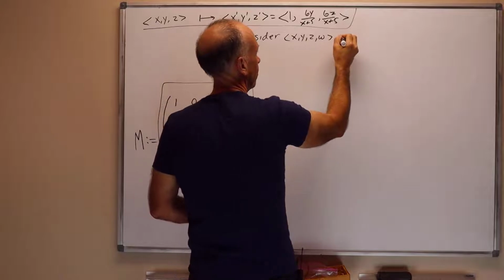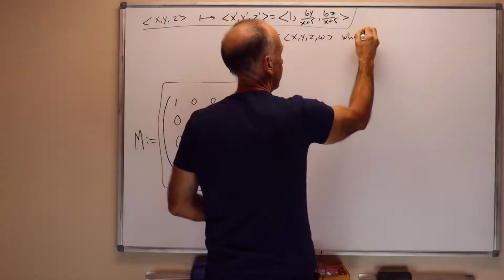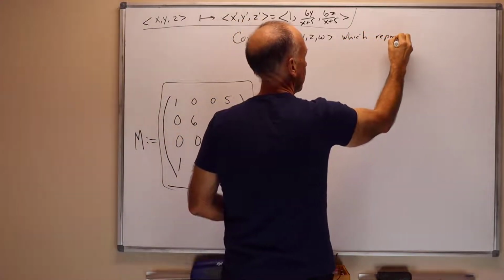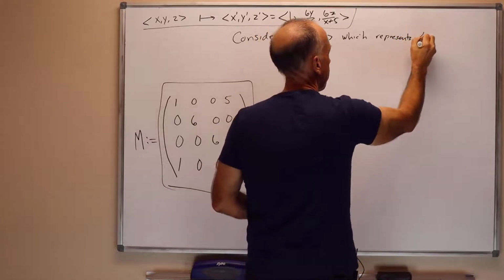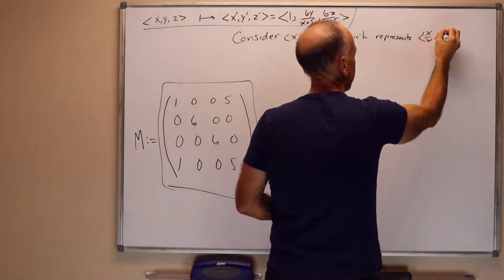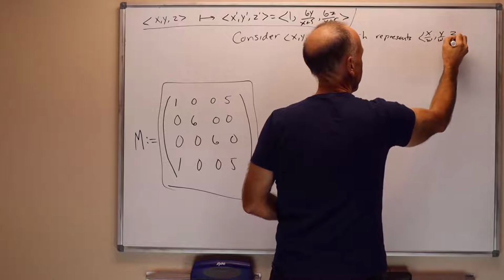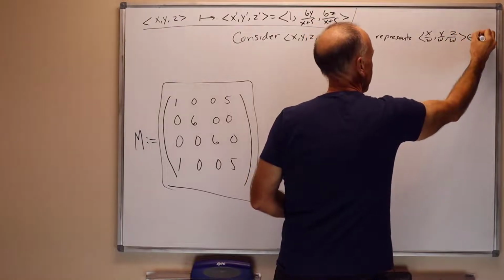In homogeneous coordinates, of course, it represents x over w, y over w, z over w in R3.